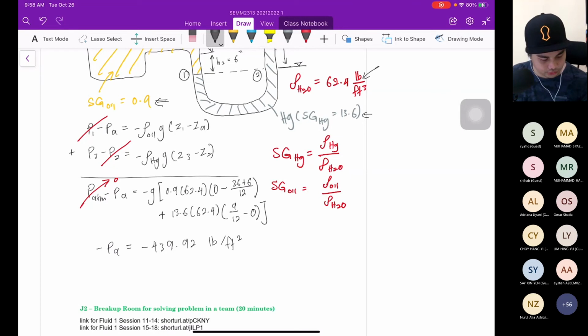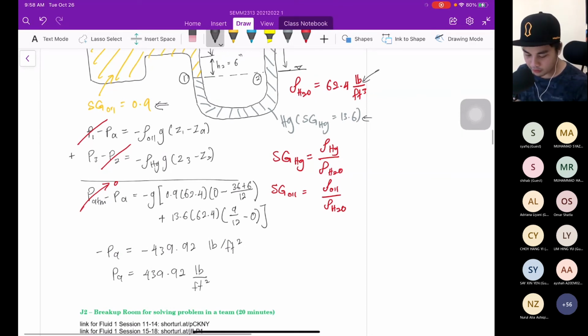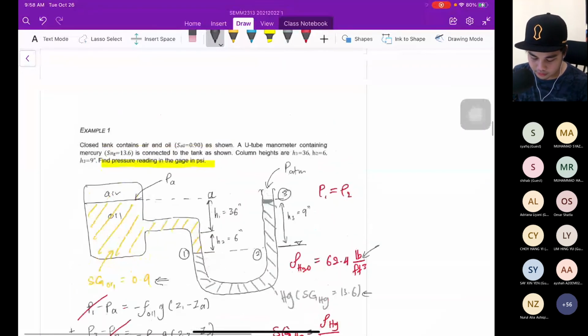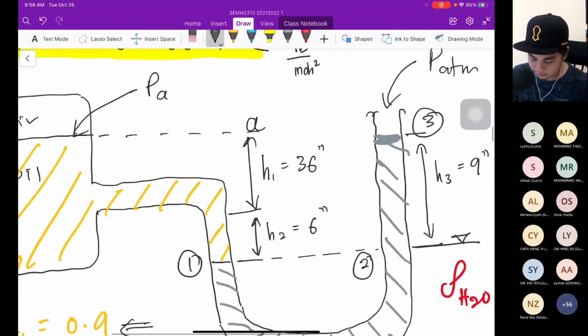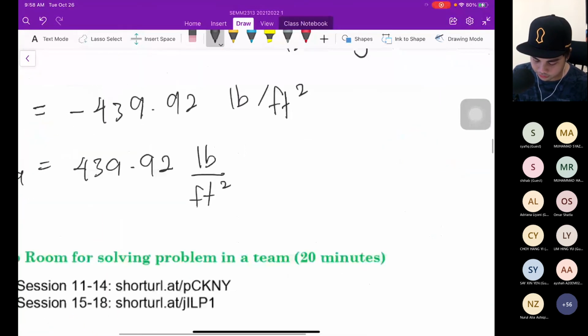So you convert it, you will get P of air here is equal to 439.92 pound per feet square. So the question asks how to convert from pound to PSI. This PSI is pound per square inch. So you must convert from foot here to inch.